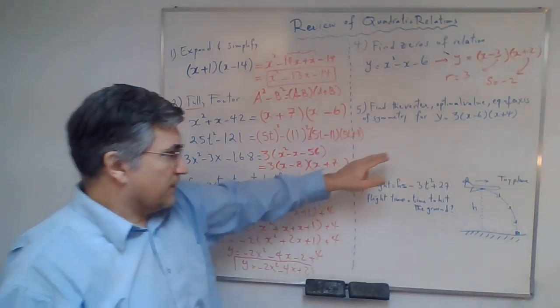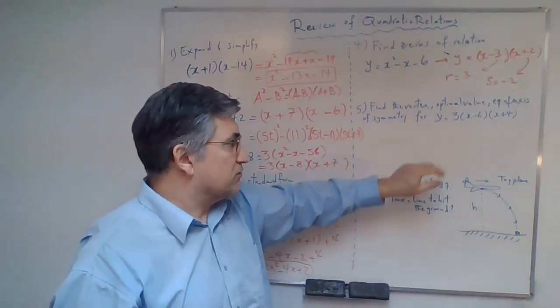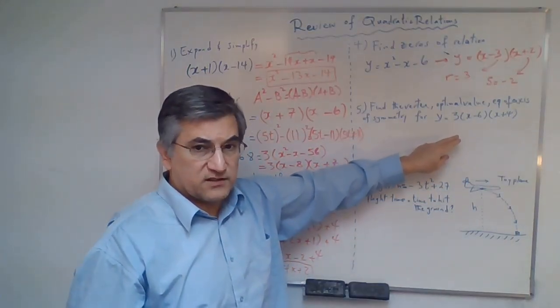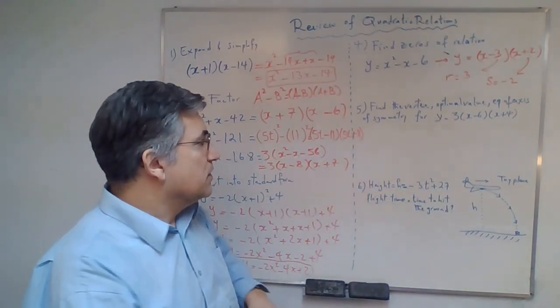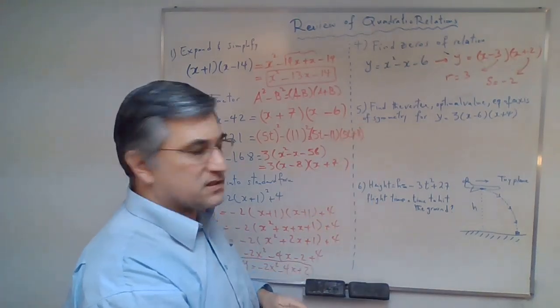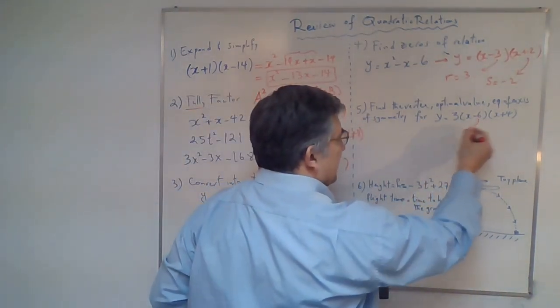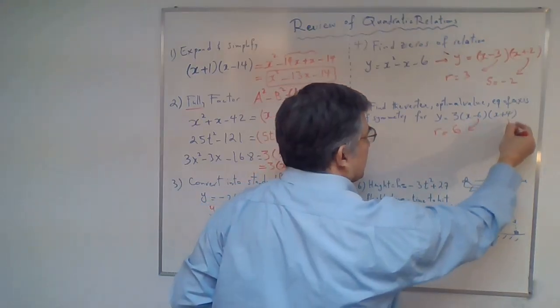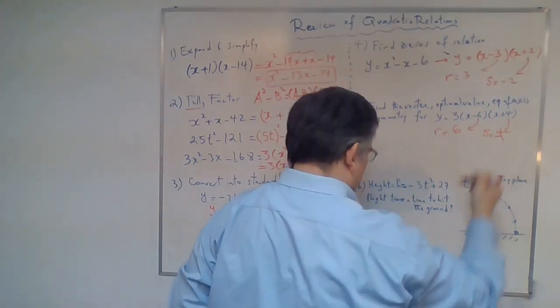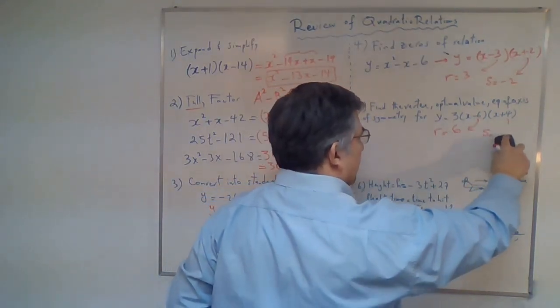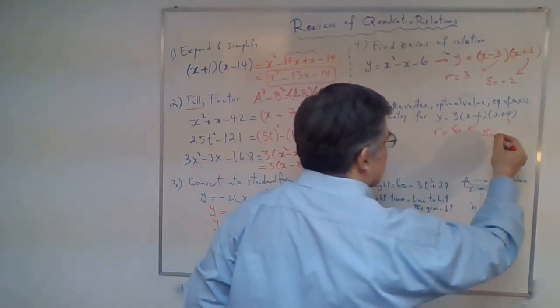Next one, again, it's a quadratic relation given in factored form or intercept form, and they're asking us to find the vertex this time. Just like the past exercise, the value of R is 6 and the value of S is -4, right? -4 and +6.